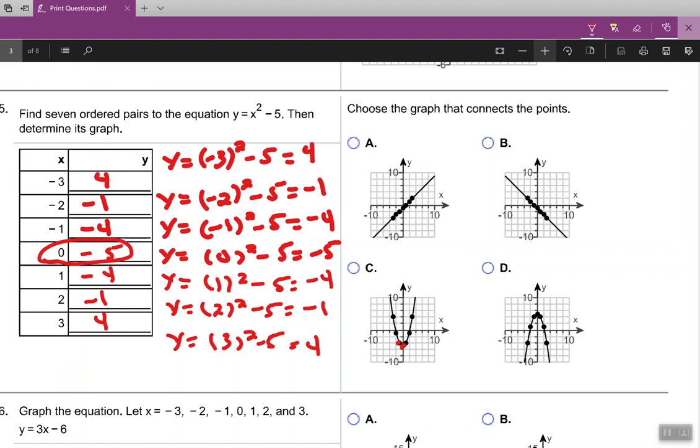And then if I look at -2, -1, and then -3 and 4, you can match those other ones up as well. So you see the answer is C there. So anytime you're given an equation and you have that table, you take each one of those values, substitute them in for x, and get your output for y for each one of those x values.